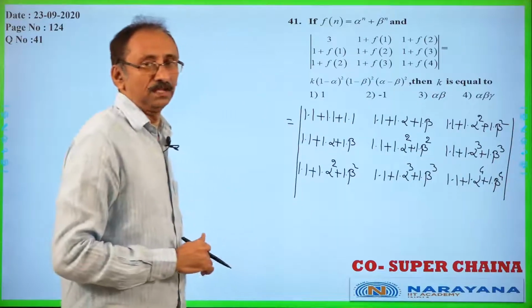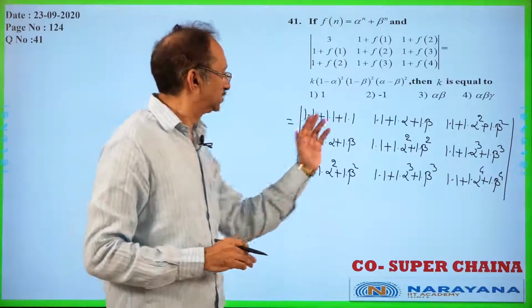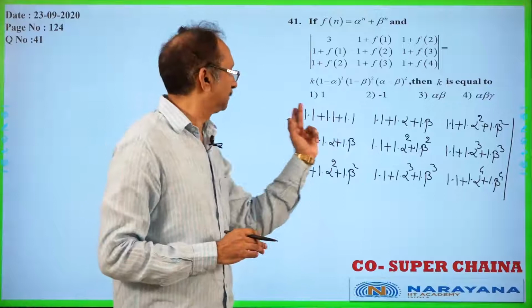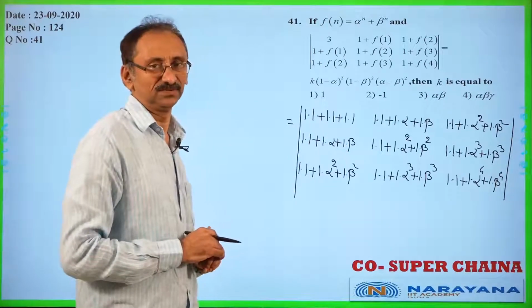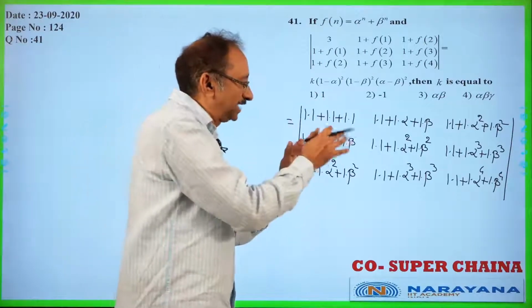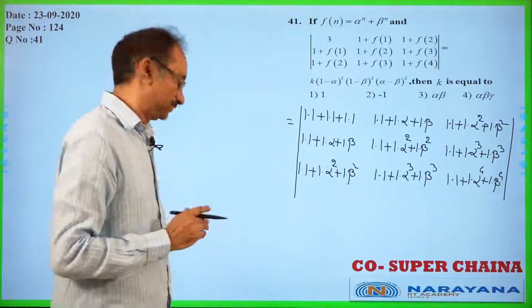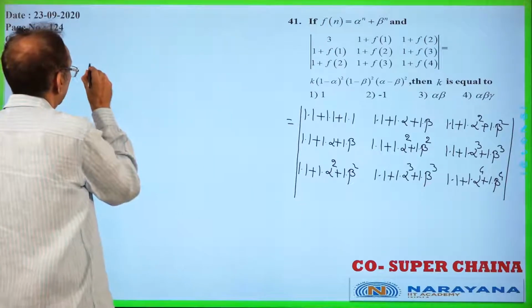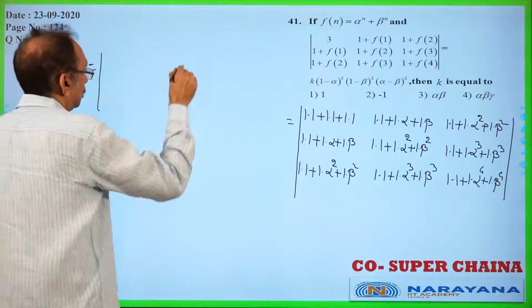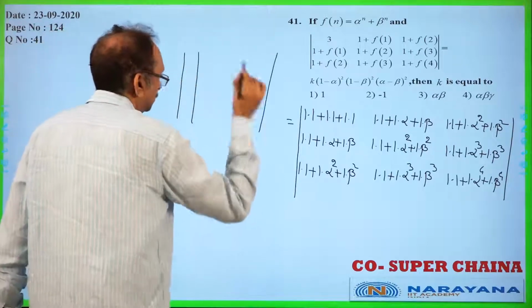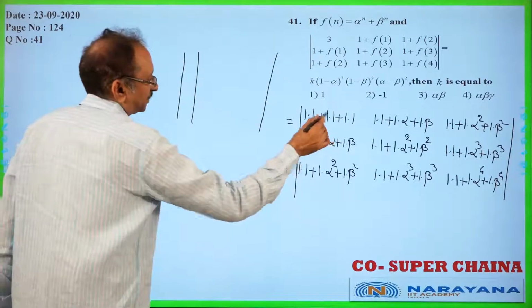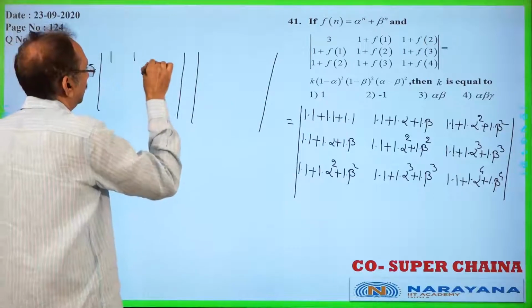See, so I have written each element as sum of the products of two elements. Now I am going to write this again as product of two determinants. What are the determinants? The first row is 1, 1, 1 here.